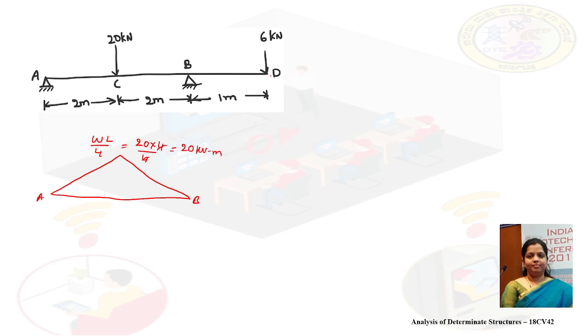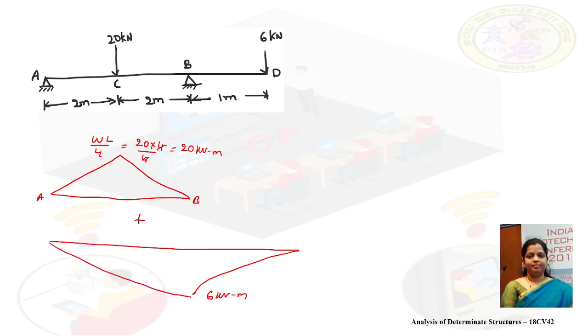Now considering this 6 kilonewton which is at the free end, let us draw the bending moment diagram. This will be 6 into 1, it is 6 kilonewton meter. So this is A, this is B and this is D.